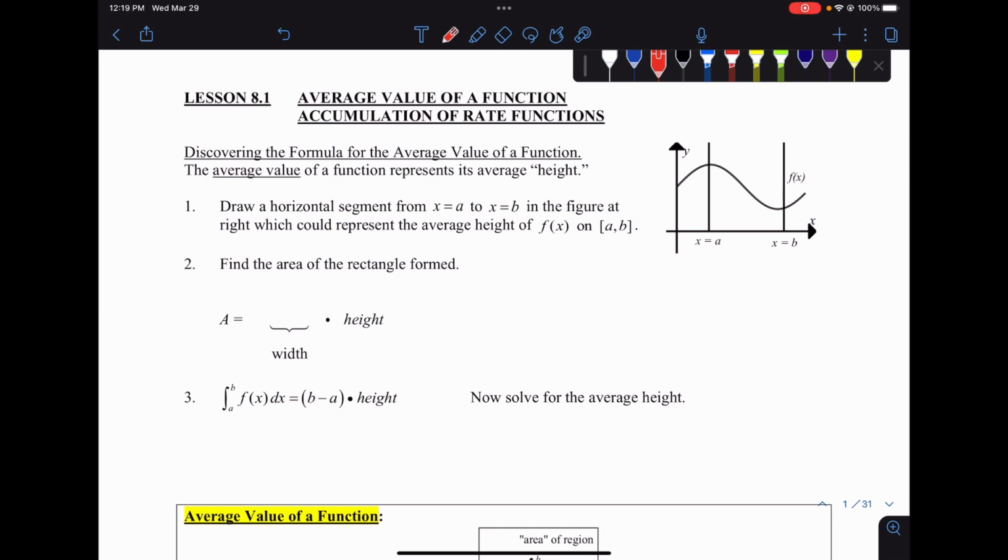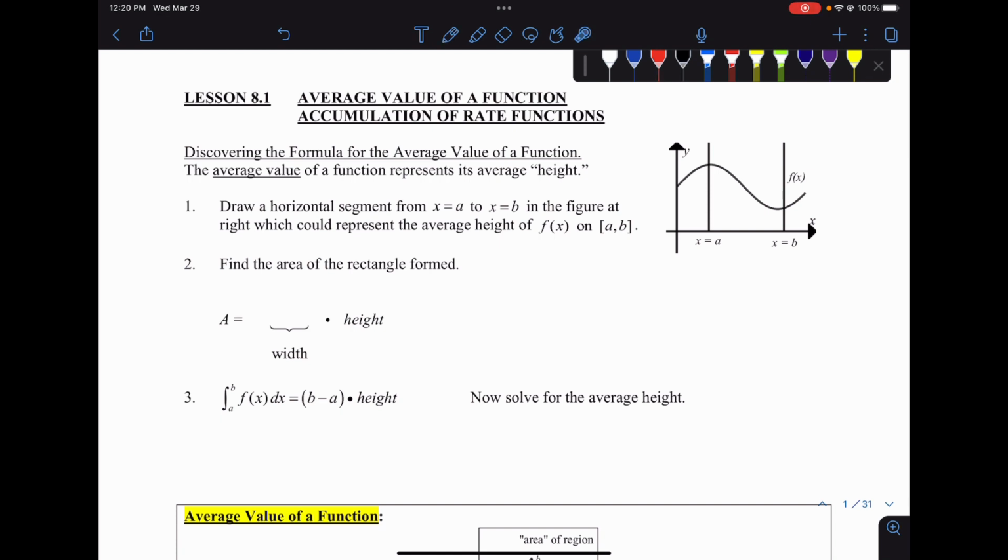So this is just kind of an example of how this formula came up. You've got a little diagram here. You've got y and the x-axis. You've got f of x, which is this function here. And it asks me to draw a horizontal segment from x equals a to x equals b that would represent the average height.